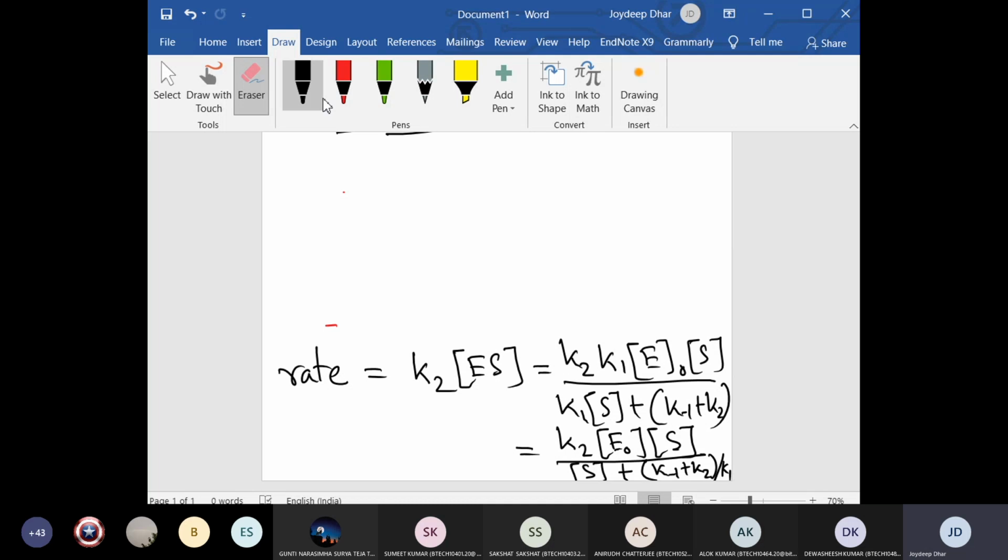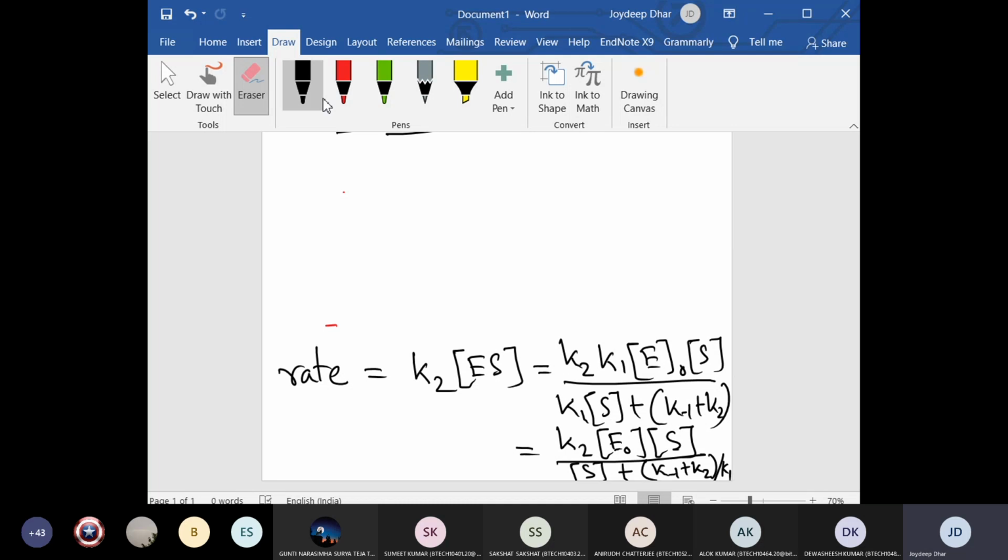So what is Km? Km is K minus 1 plus K2 divided by K1. Okay. So this Michaelis-Menten constant, you can have an idea what that is from estimation.